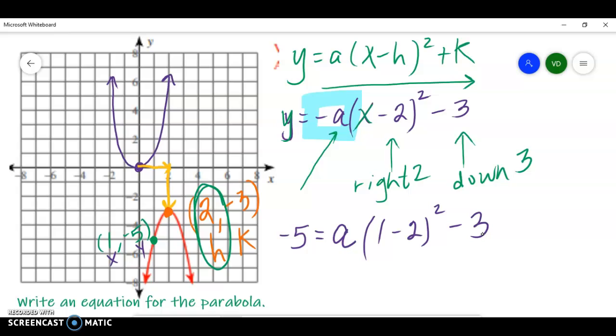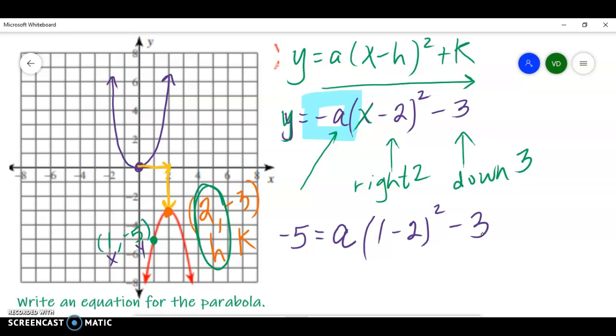Hopefully when I'm done, I'm going to say A equals, and it's going to be a negative number. But bear with me. Let's simplify this and solve for A and see if it turns out to be a negative value. And then we're going to check if it's less than 1 or bigger than 1 to see what happened to my curve.